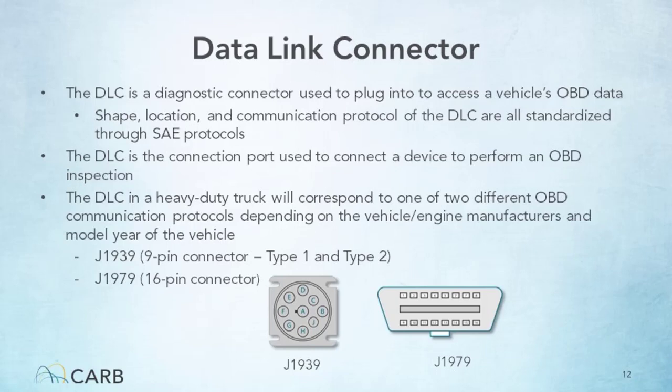In vehicles using the SAE J1939 communication protocol in their OBD system, the round DLC with the 9-pin connector is used. In vehicles using the SAE J1979 communication protocol in their OBD system, the rectangular-shaped DLC with the 16-pin connector is used.